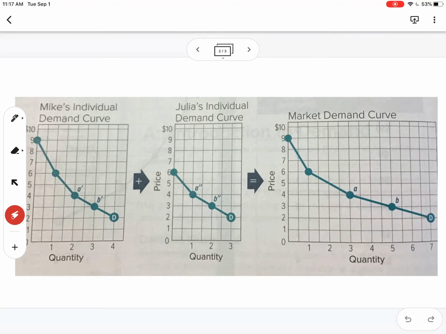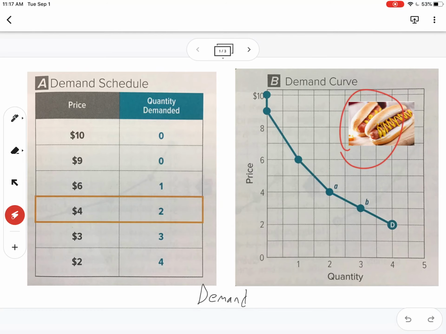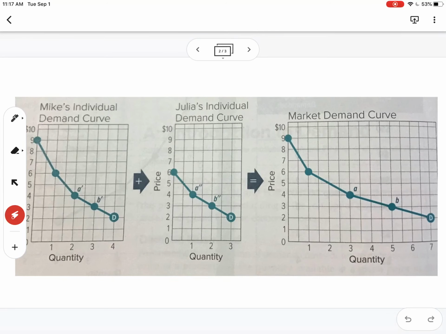But the problem for most entrepreneurs and businesses is that all these products cost money to produce. So you have to watch out and make sure that you're not lowering your price too much, because let's say a hot dog costs $3 to make.